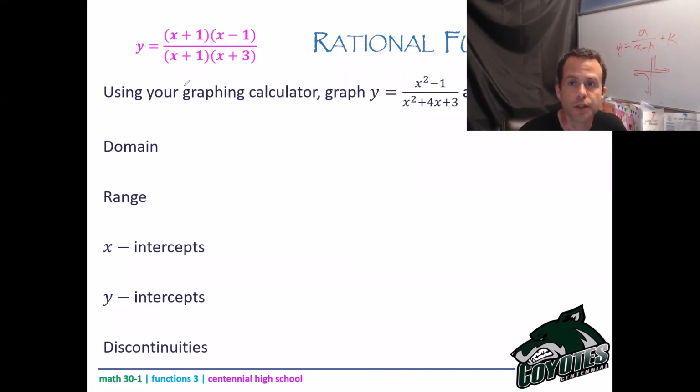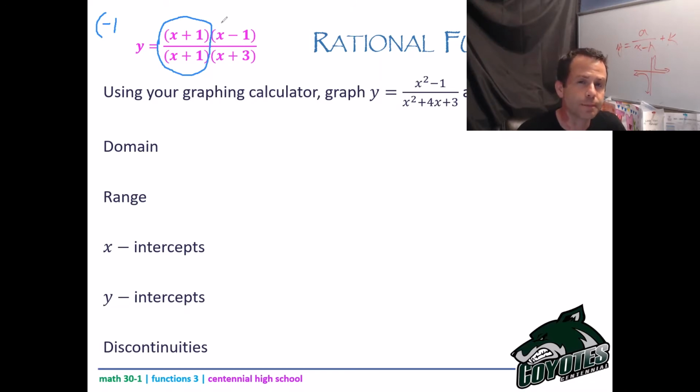Well, I would want you to start being comfortable to say, hey, that's going to give me a point of discontinuity. Okay, I have x plus 1, that's a factor shared on the top and the bottom. So I know I have a point of discontinuity at x equals -1. Now, how would I get the y value for that? I'm just going to write this right here for a second. We're just thinking out loud right now. -1.